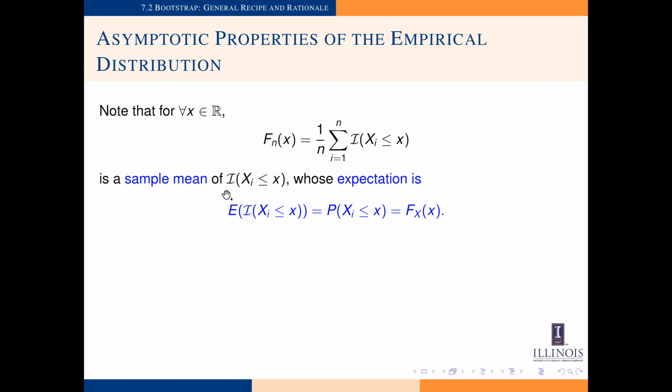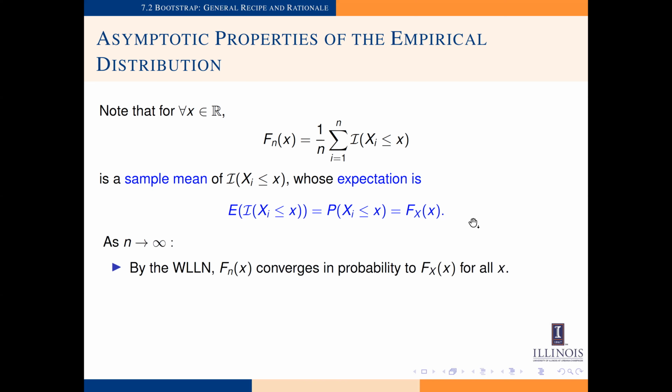And we can see that the expectation of the indicator Xi less than or equal to x is equal to the probability that Xi is less than or equal to x, and that's F_X of x. So this is a sample mean of a function of IID samples.